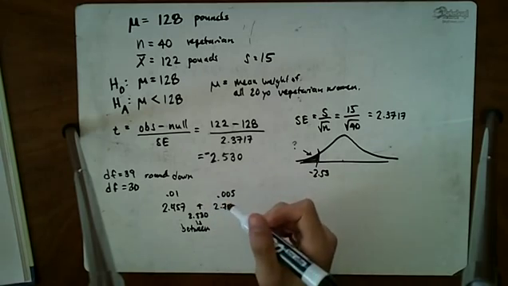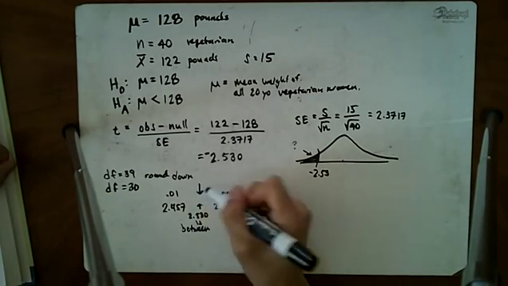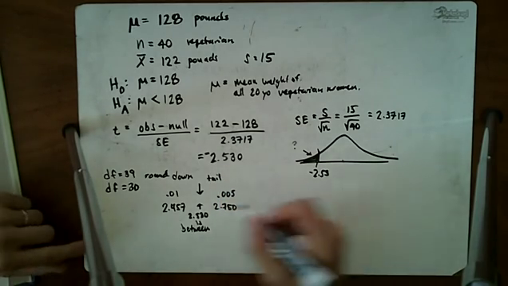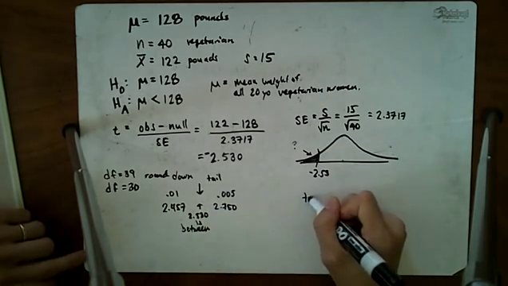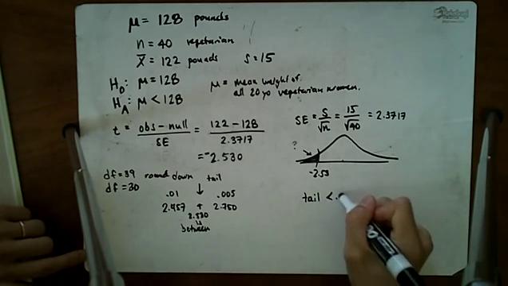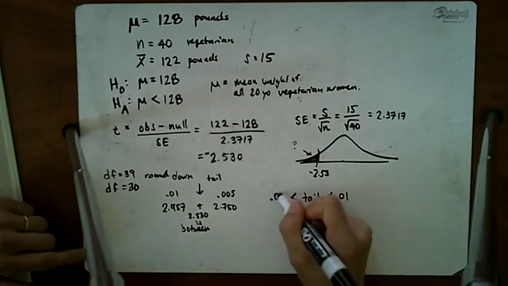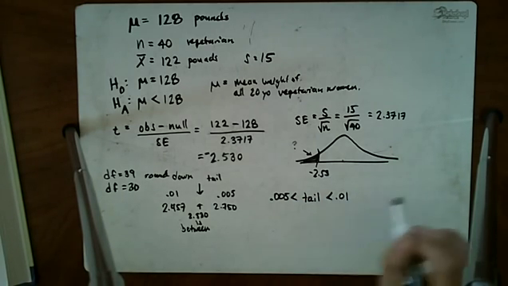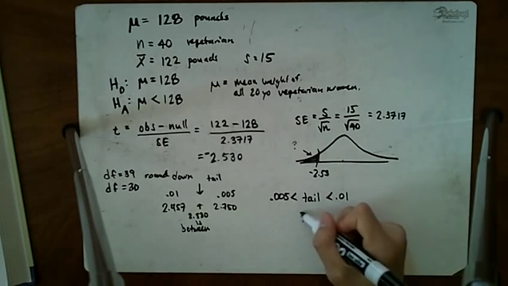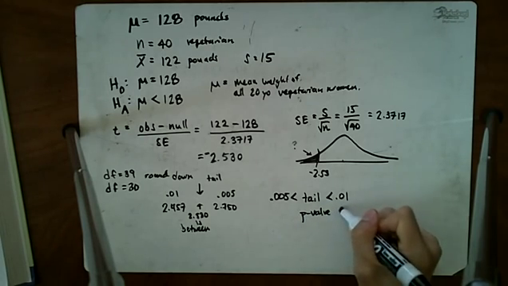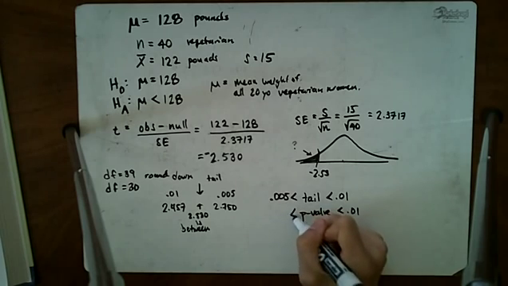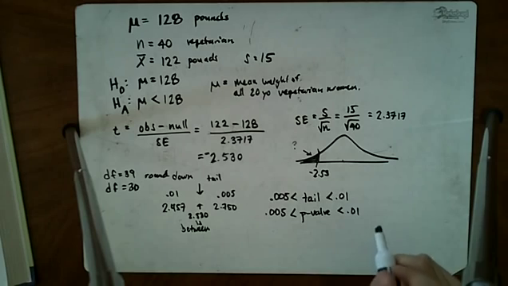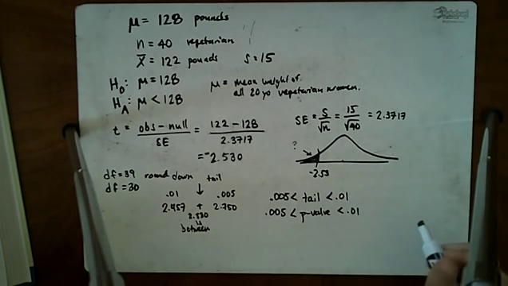Okay, so 2.53 fits in between there. So my tail probability is going to be in between 0.01 and 0.005. It's a one-sided test, so in this case I do not need to double my tail probability, so my p-value itself is going to be less than 0.01, but be bigger than 0.005. So we don't know exactly what it is, but we do know it's in between those two numbers.